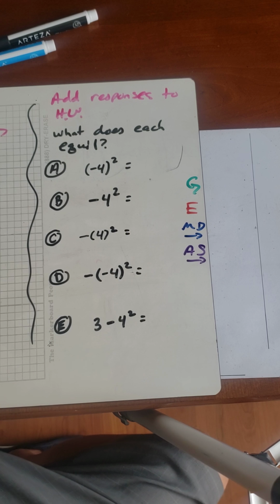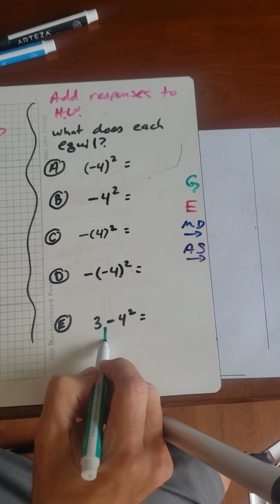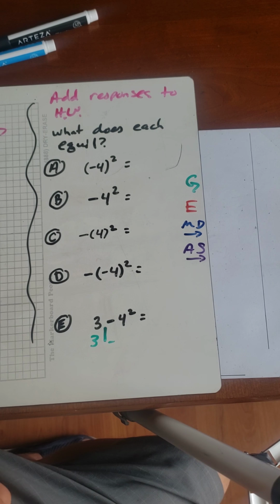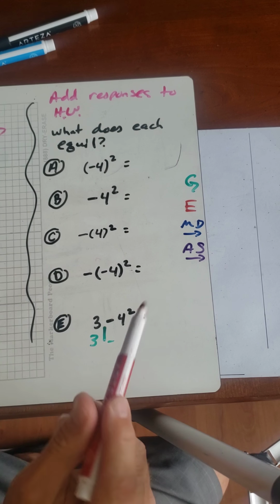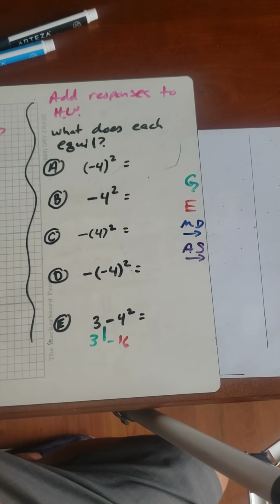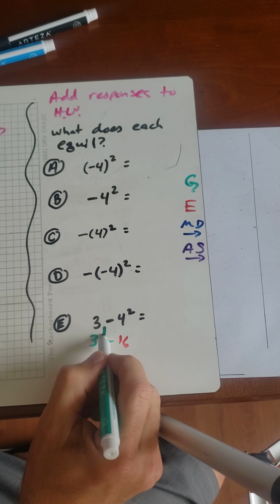So when I look at this, I say, okay, well, that separates my groups. So I have 3 minus, and then 4 squared is equal to 16, and that's my first exponent. So I can write down 16 here. This separates my two groups there.